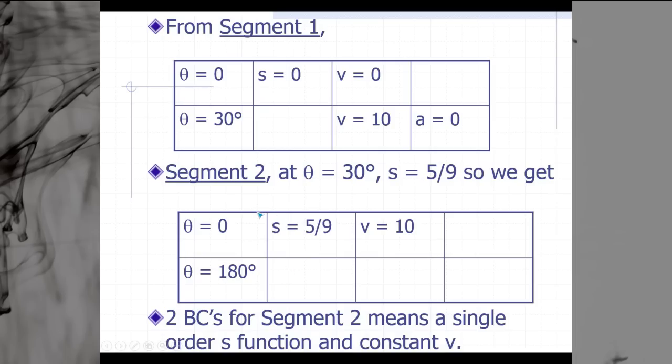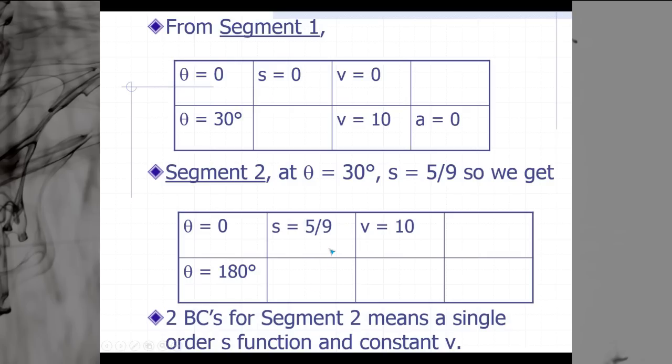Again, this is a second segment. It's going to be the segment for our constant velocity portion, and it's an entirely new polynomial. At that point in time, our velocity should be equal to 10. We do not need to set any other boundary conditions. We do recall that the constant velocity portion goes through 180 degrees for beta equal beta 2. We don't set any other boundary conditions, resulting in 2 boundary conditions total, or a single order s function.